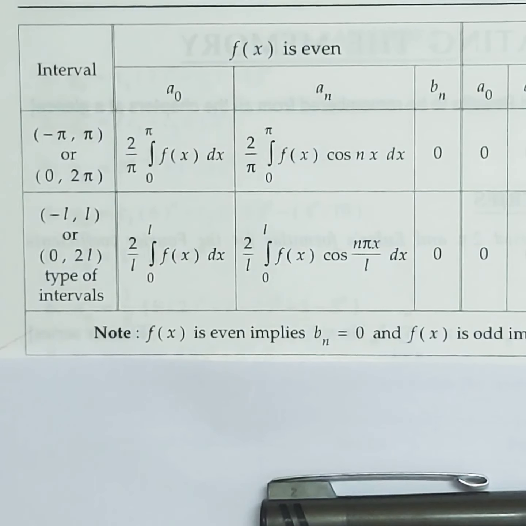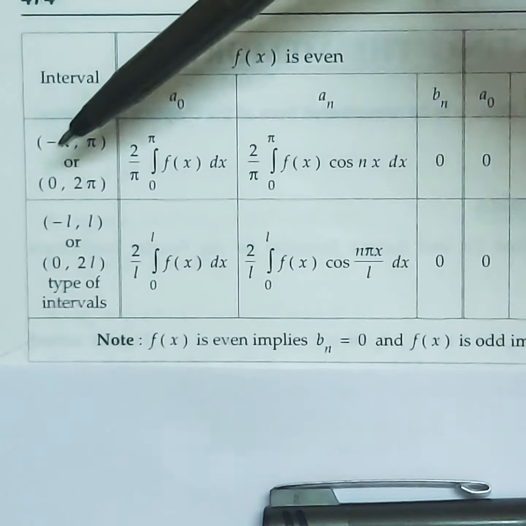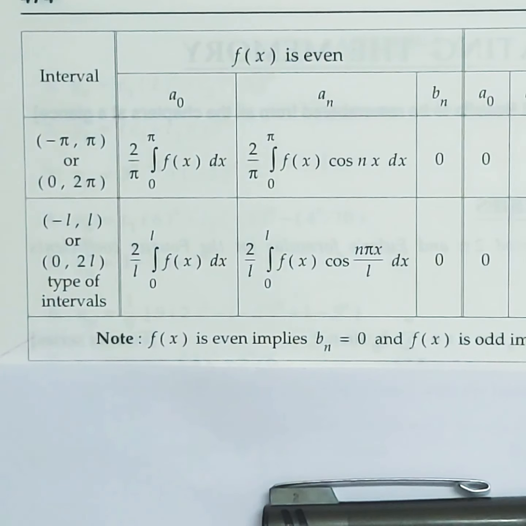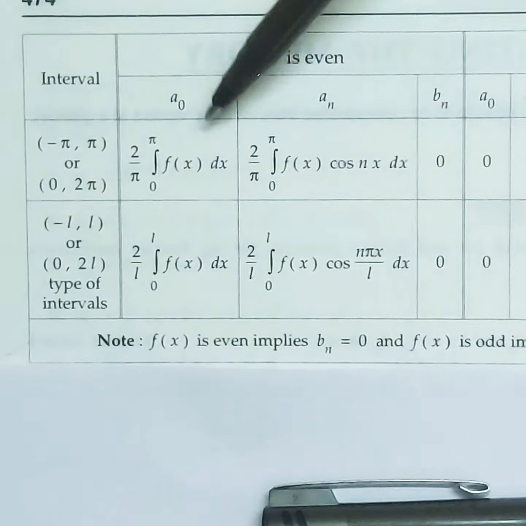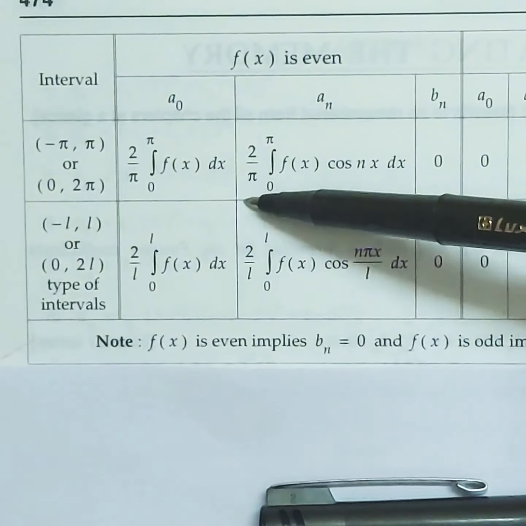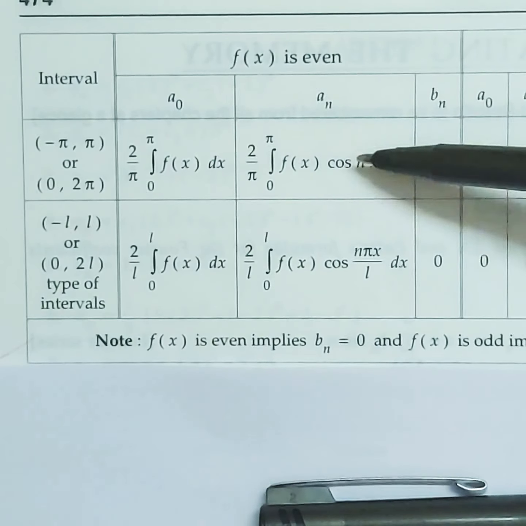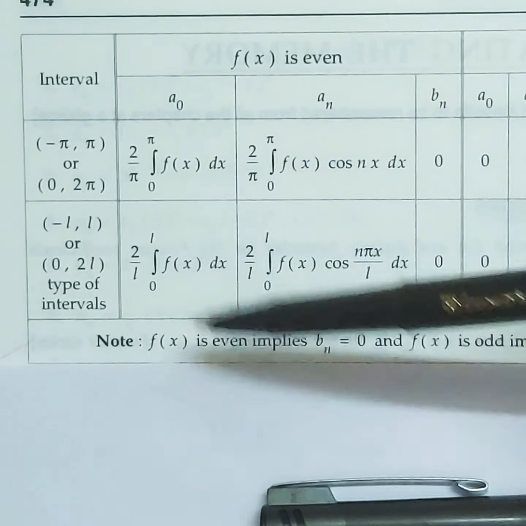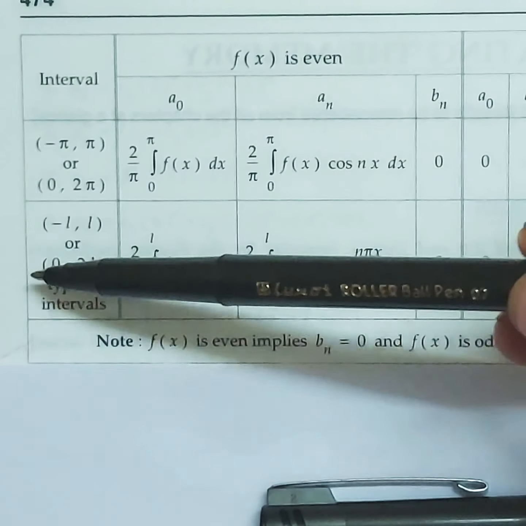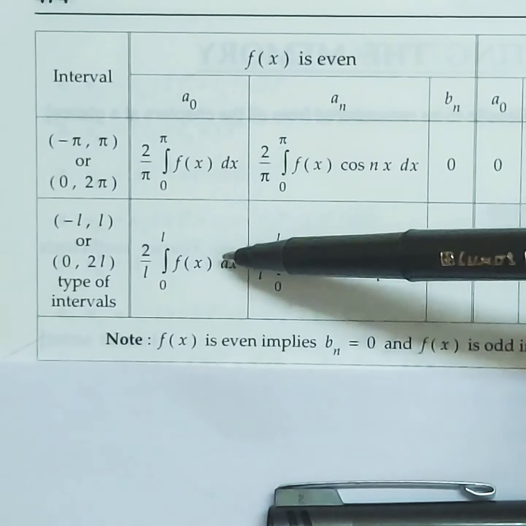So just to revise what we have done so far, whether the interval is minus pi to pi or 0 to 2 pi, if the function becomes even, a naught is 2 by pi integral 0 to pi f of x dx, and an is 2 by pi integral 0 to pi f of x cos nx dx. If the interval is minus L comma L or 0 comma 2L, only the checking procedure is different, but the formula is the same.